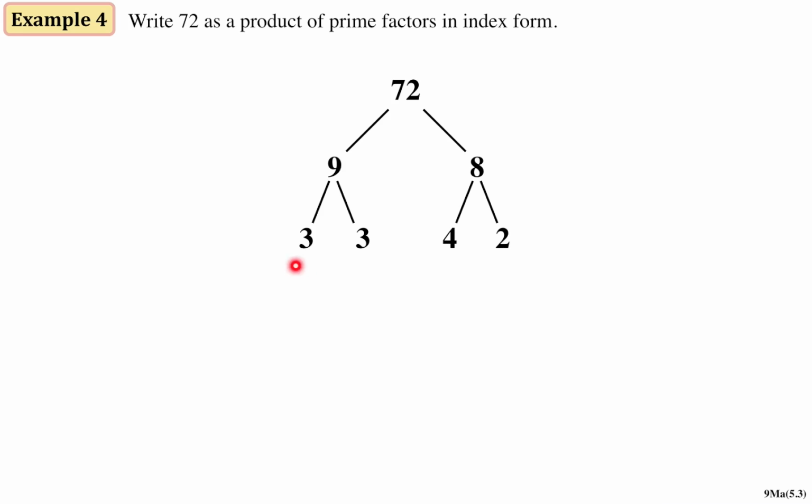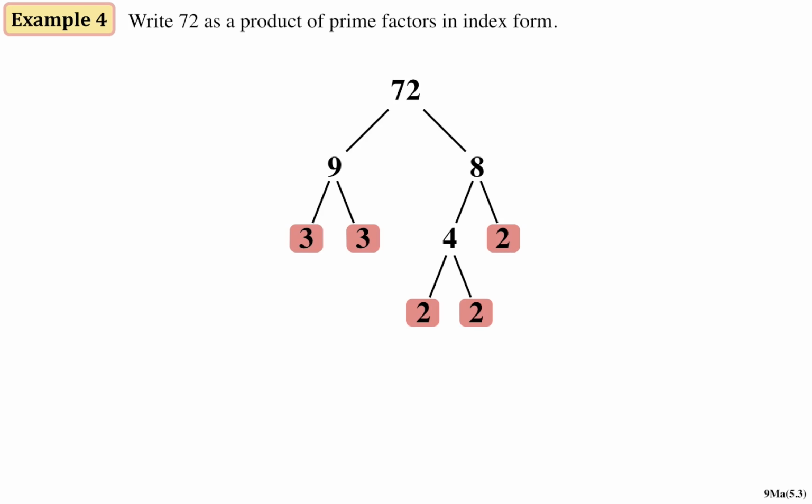So now let's check them. 3, that's a prime number. 3, that's a prime number. 4's not prime, so I can break that one down. So 4 can be written as 2 times 2. Now we know 2 is a prime number, so at the end of my factor tree, I've got a 3, a 3, a 2, a 2, and a 2. So they're all prime numbers.